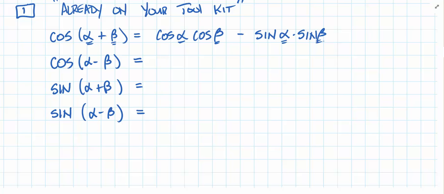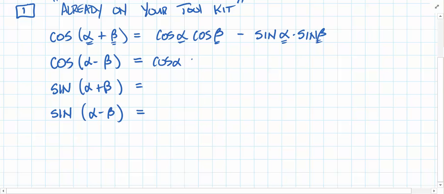The formula for cosine alpha minus beta is cosine alpha times the cosine of beta, and this is going to be plus sine alpha sine beta. Now some of you used A and B or X and Y. That's okay. Alpha and beta, X and Y, they're just variables, so you're allowed to use that.